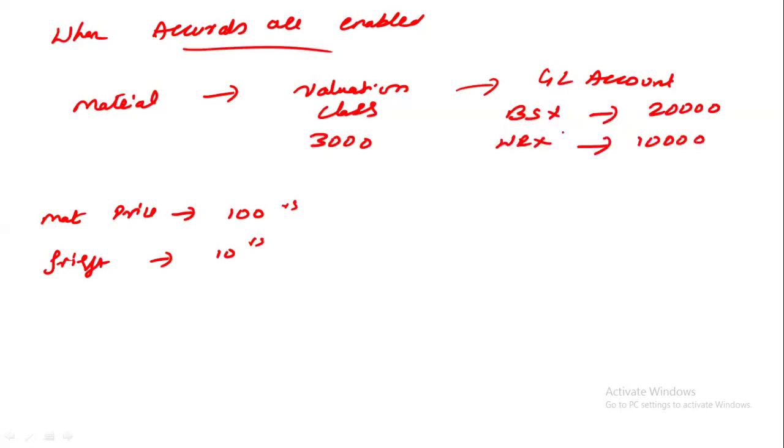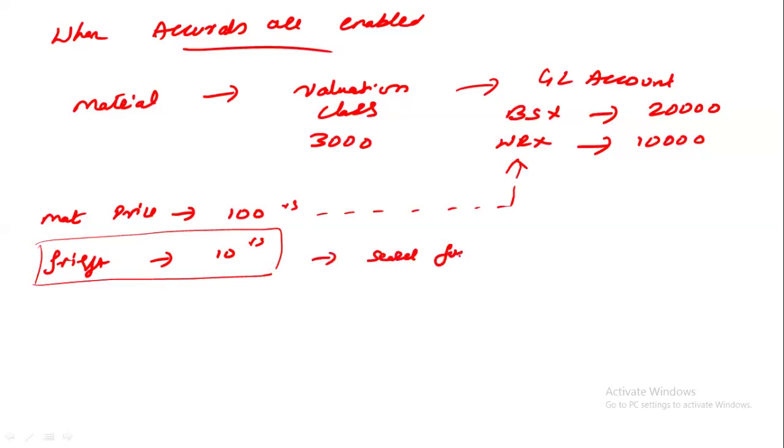As you have enabled the accruals, from this account you are going to pay only 100. And for this 10, the system will search for the GL account. And you are going to create one more transaction key. It might be FR1. You assign this, and this 10 rupees will get paid from this account.